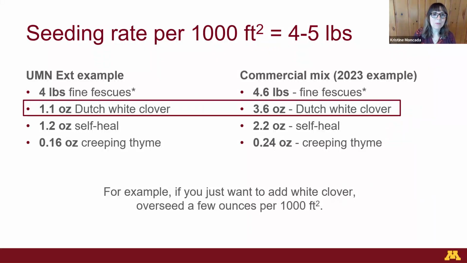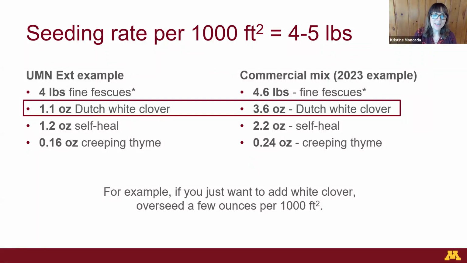Because I brought up the aspect of just using one of the species, I just want to point out, for the bee lawn mix that includes all the species, you're going for 4 to 5 pounds per 1,000 square feet. If you were to just use one of the species on its own, like say you have a Kentucky bluegrass lawn and you want white clover in there, you don't plant 4 or 5 pounds of white clover. You just plant a similar amount to what would be included in the mix.